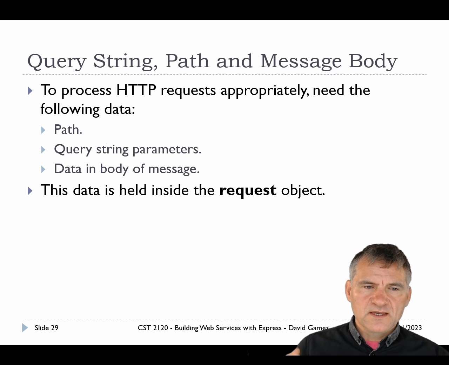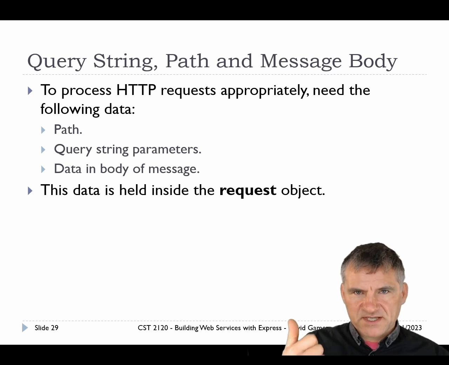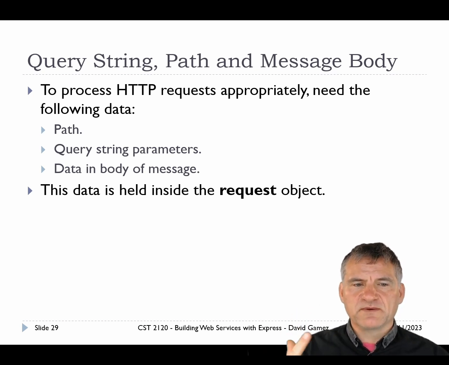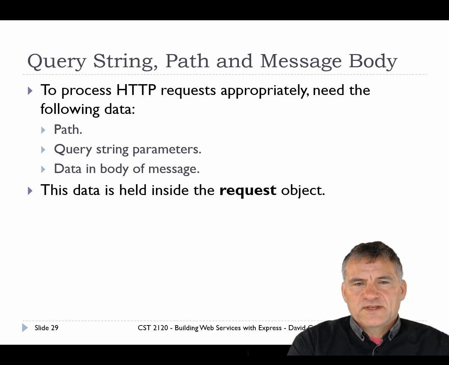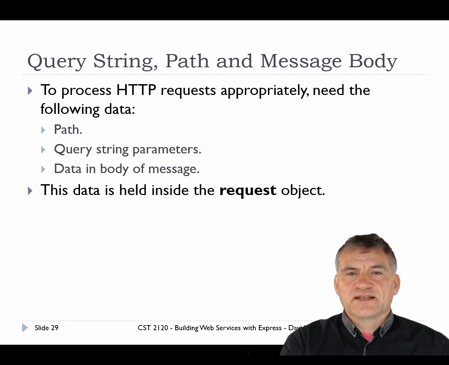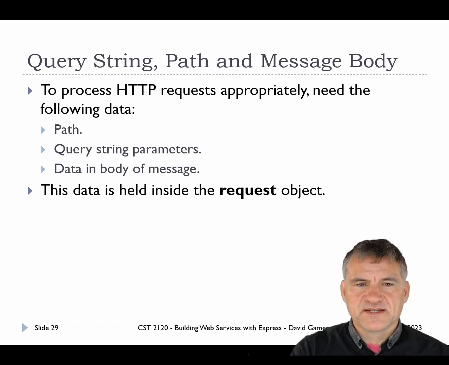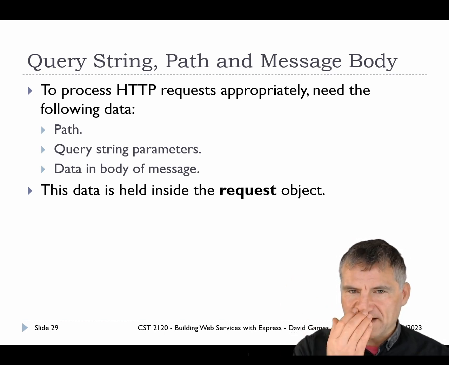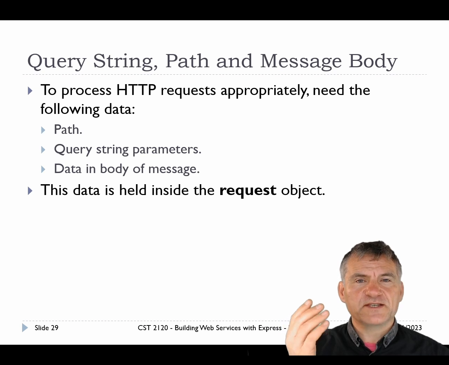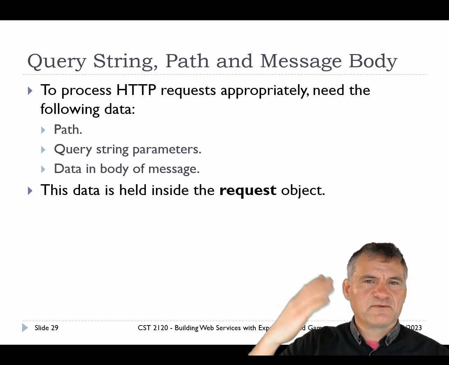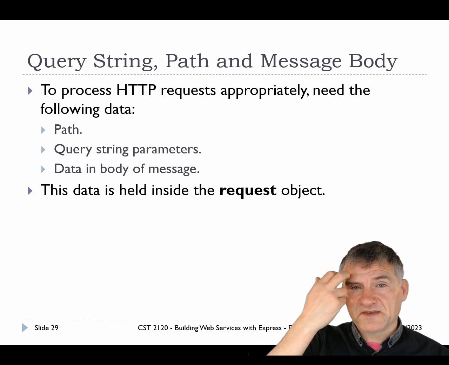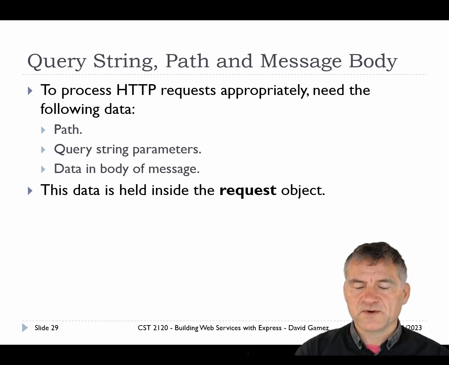So the server needs to know the path, the query string parameters, and the data in the body of the message. All this data is inside the request object, so it's pretty easy to extract and use. It's all very well defined. If you're ever curious about this request object, just do console.log(request), and you'll see it's a massive thing with the headers and all the complicated stuff that you might possibly need in order to handle requests from the client.